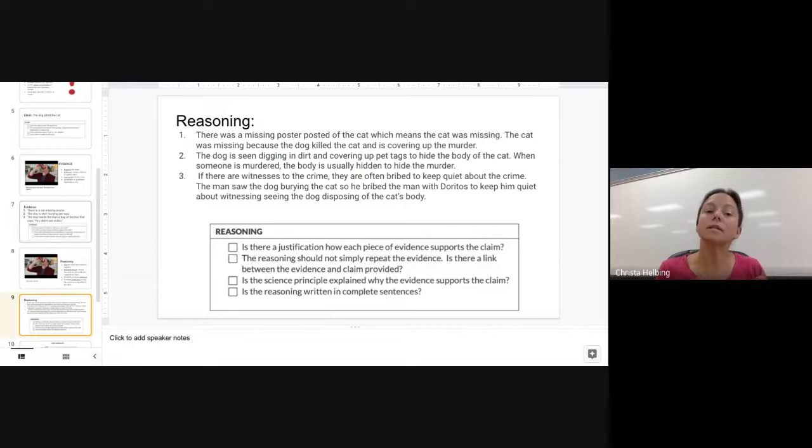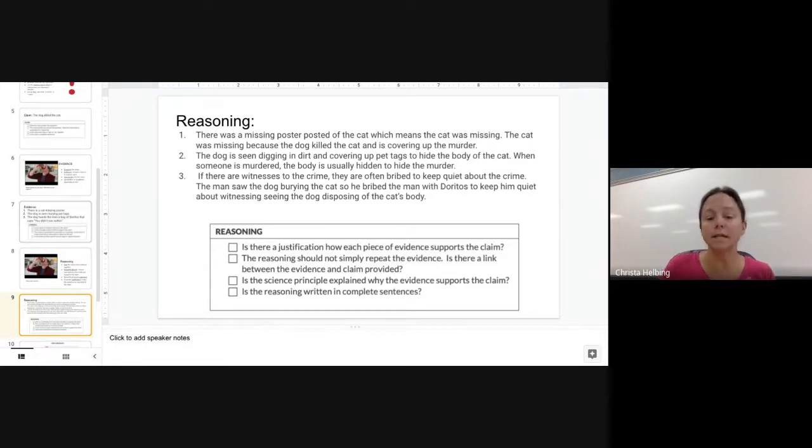So again, notice that I'm justifying those evidences with the claim. So how are they all linked together? Notice they're in complete sentences. And like I said before, that scientific piece, because of this exercise, is really missing. But we do hit all of those benchmarks. We tie each piece. There were 3 evidences, so I need to give 3 reasonings. And that they're written in complete sentences, and I'm justifying the links between the claim and the evidence.